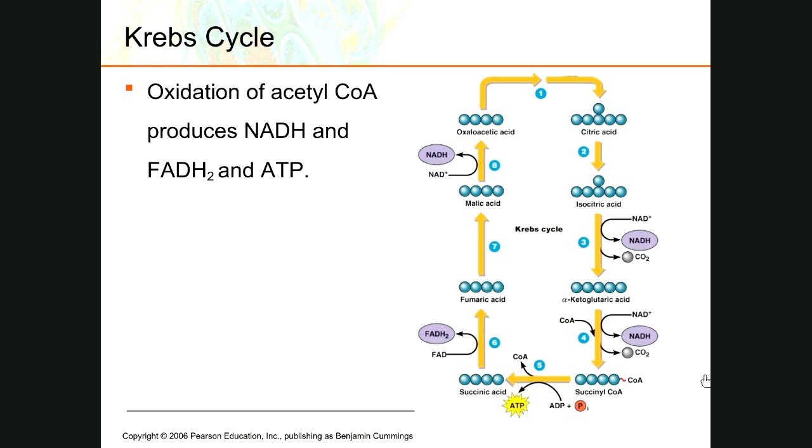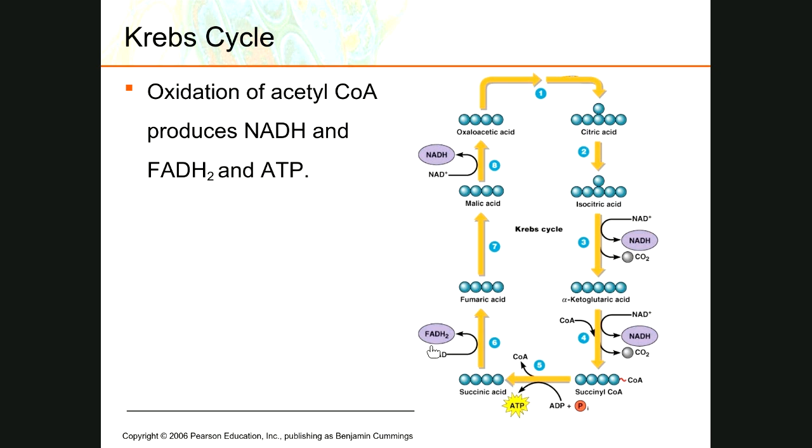Now, in Krebs, something else also gets made. We have FADH2. How many molecules of FADH2? 2. So that's a total of 12 electron carriers. So that's a lot, right?